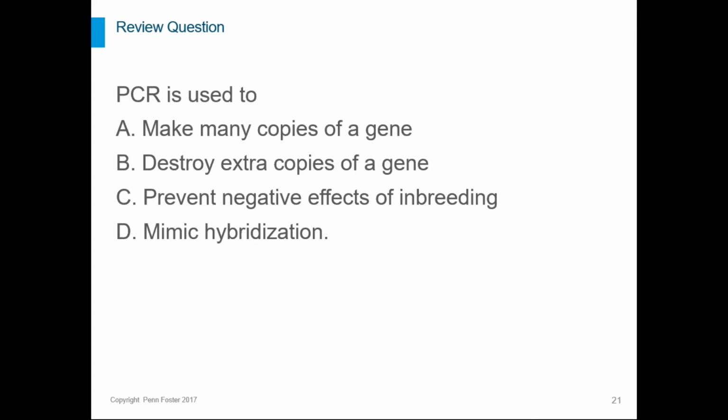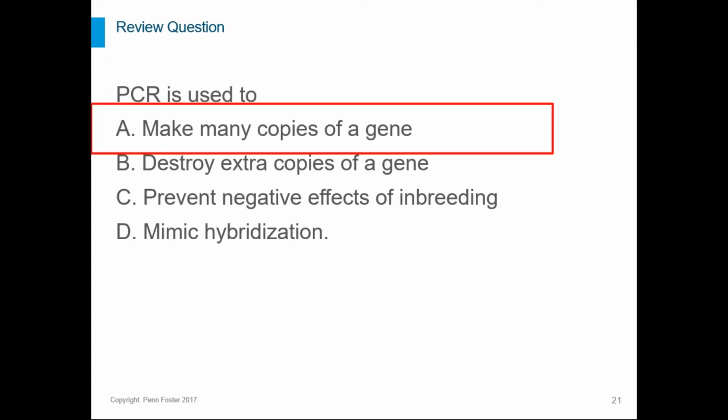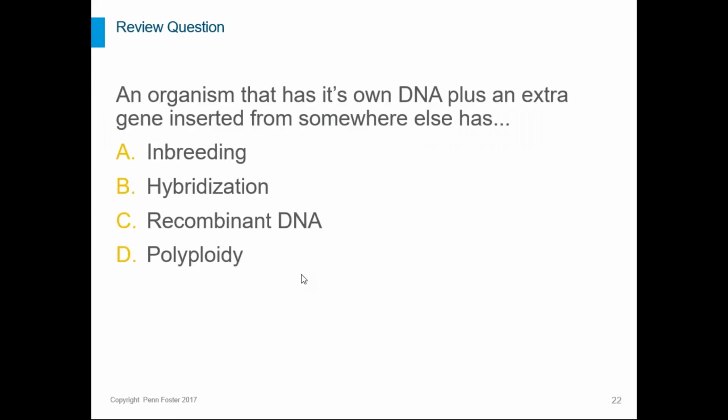So hopefully you remembered from the last slide that PCR is a process used to make many copies of a gene. It doesn't do any of those other things. Those are just completely random stuff I put in. But this is what it does. It takes one gene, makes billions of copies of it. And the reason for that, again, is so then we could take those copies and put them into the genome of something else.